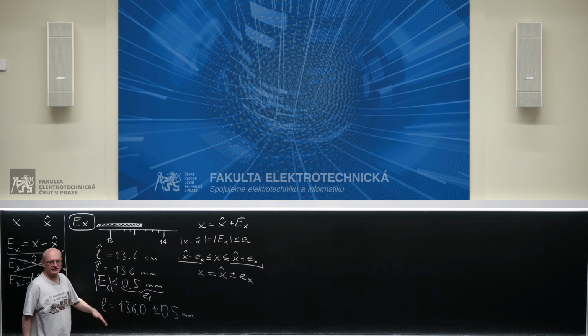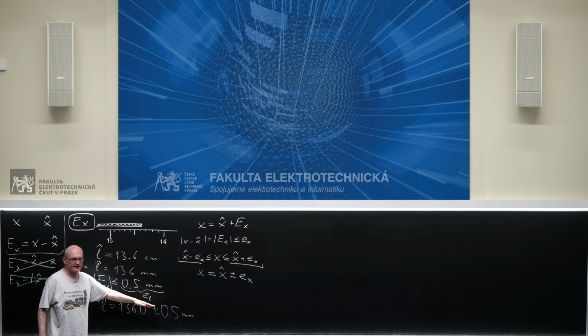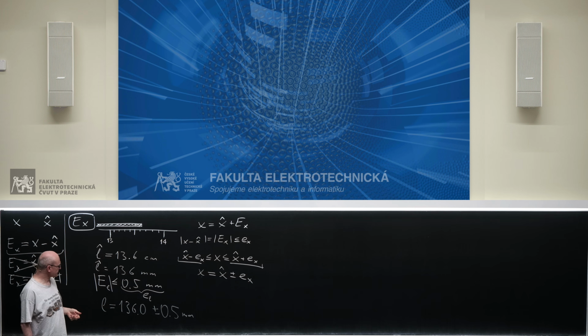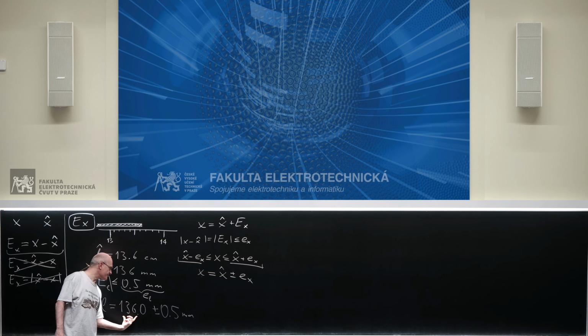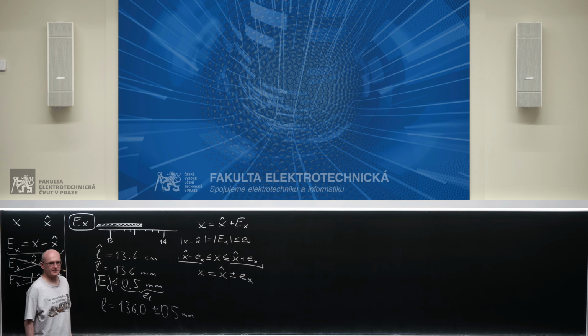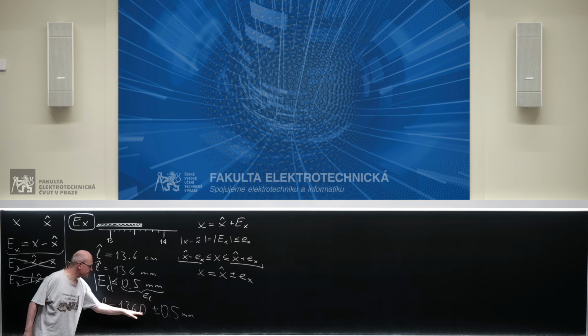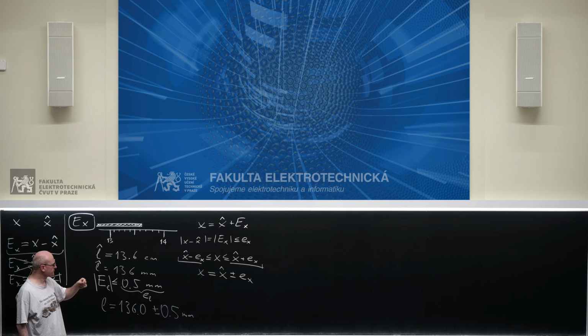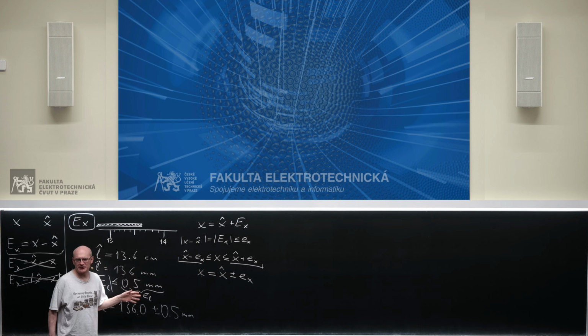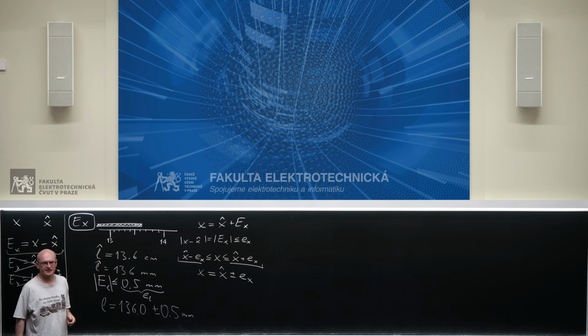Now, engineers have some rules of how to write this properly, and of course, one of the most obvious rules is that the units have to agree so that these two numbers can be put together. Also visually, you just look at it and you see what's the range, what's the uncertainty. That's a good word. There is actually a theory about it, but we will not go into it here.